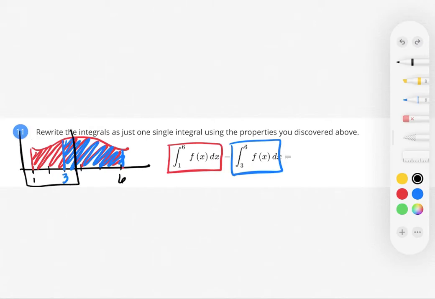This little region right there from 1 to 3. So I can say that this is equal to the integral of 1 to 3 of f of x dx. It's the same as just looking at these boundaries right here and figuring out, well, I have 1 to 6. I know 3 to 6. What's left over? 1 to 3.